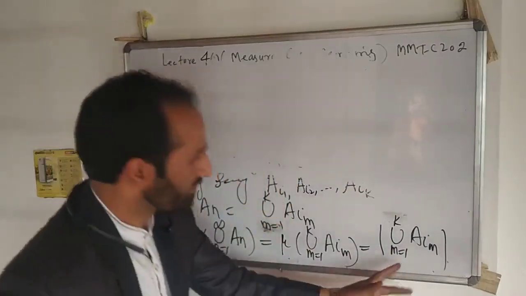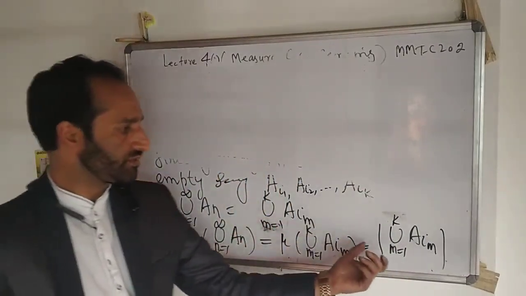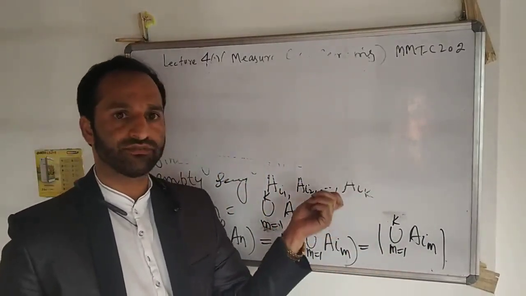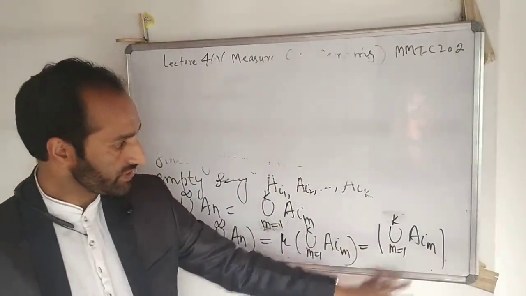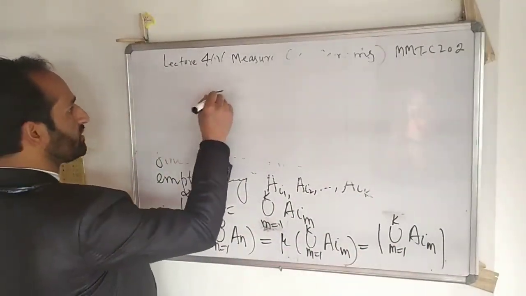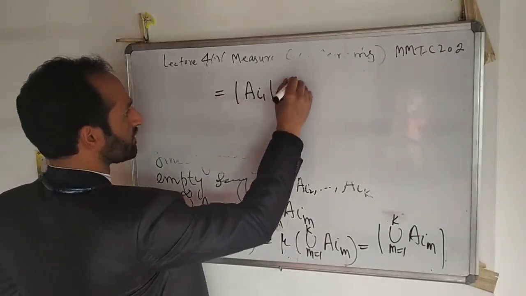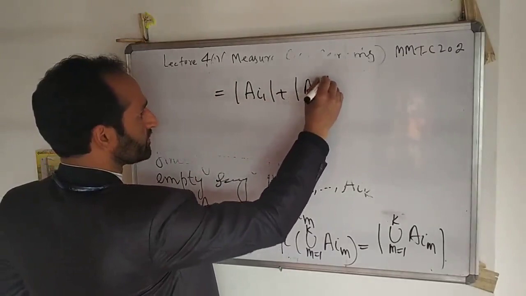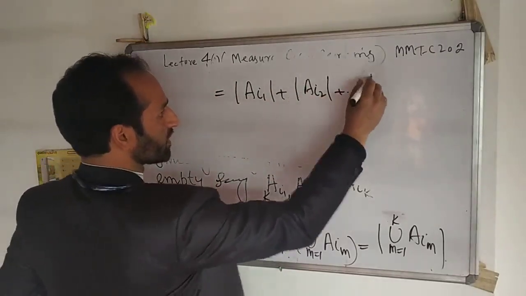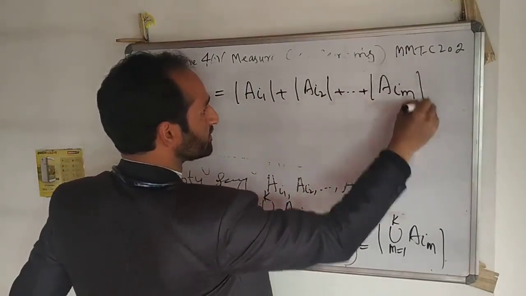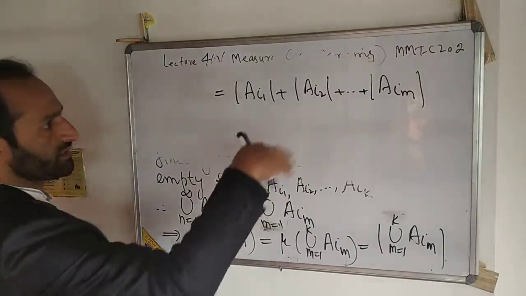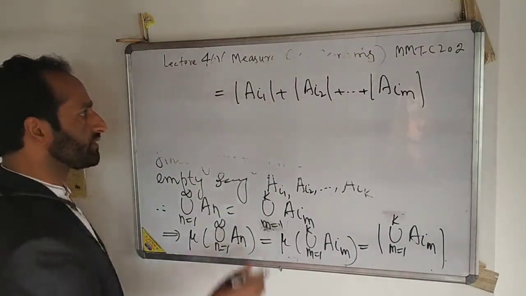And we know that the number of elements in A union B is equal to the number of elements in A plus the number of elements in B if the sets are disjoint. And here the sets are disjoint, therefore it's equal to the number of elements in Ai1 plus the number of elements in Ai2 plus the number of elements in Aik. Since the remaining sets are null sets, their cardinality is 0. So this sum can contain all the sets, and those which are null sets contribute 0.